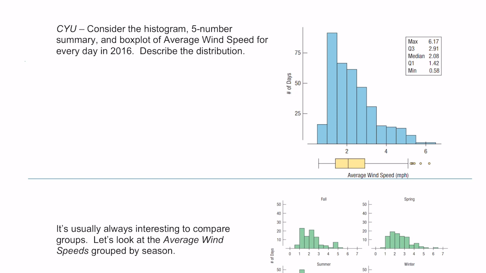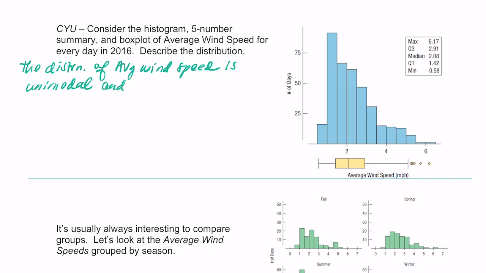We would say something like, the distribution of average wind speed is unimodal and skewed right.